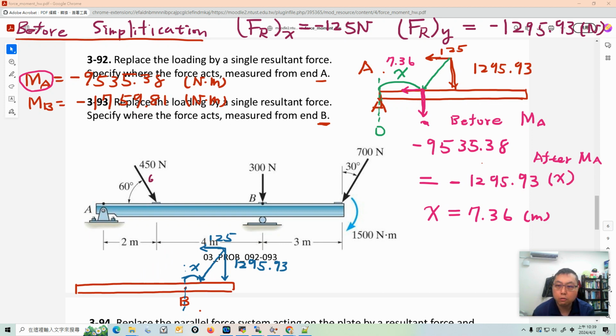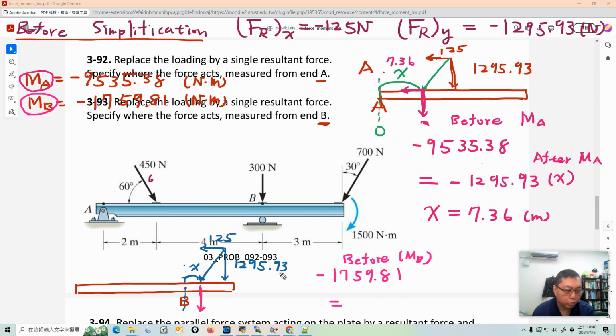So we follow the same scheme. Before simplification, our resultant moment with respect to B is minus 1759.81. That's before, and this is MB. And we have to equate it to the after.